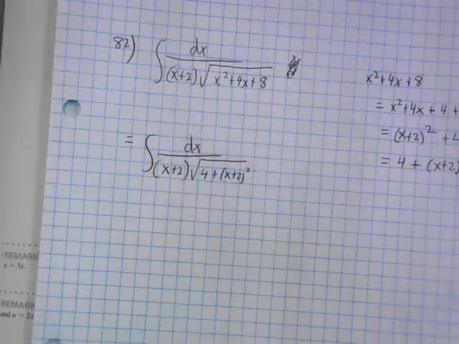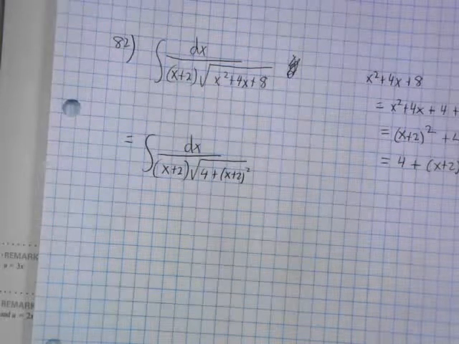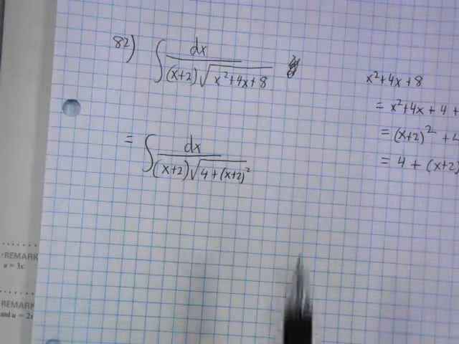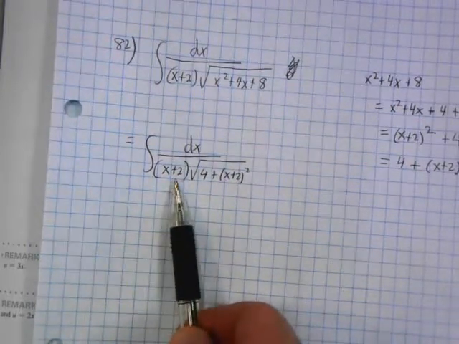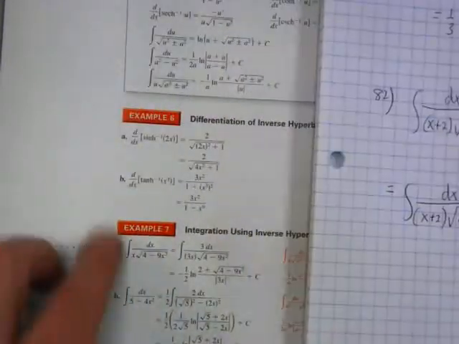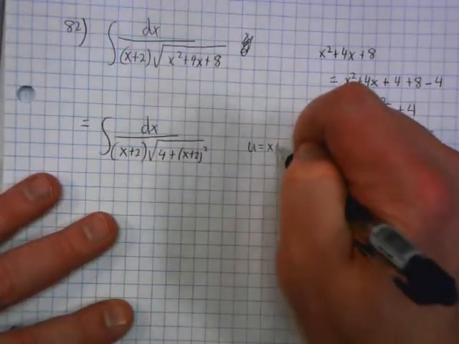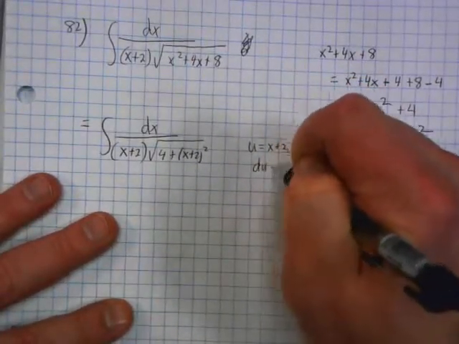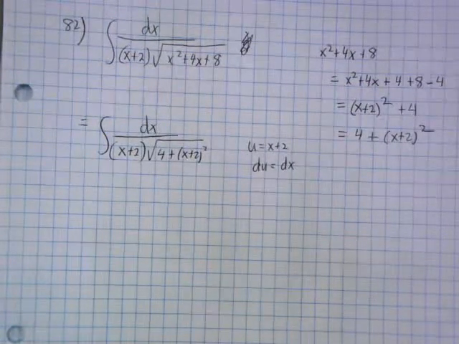And how does that help? u is x plus 2. If u is x plus 2, this is a u squared. This is a u. And it fits exactly into the formula, doesn't it? So we just let u equal x plus 2. du happens to be dx, and it works out perfectly. I don't need to worry about balancing out any little number.